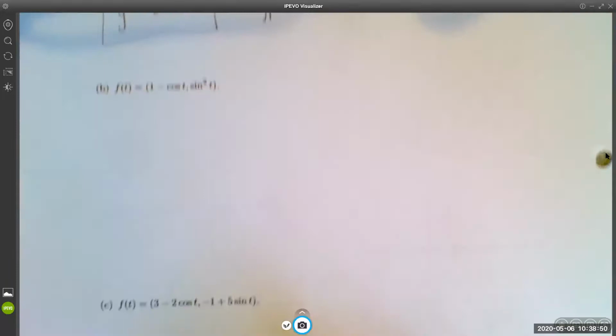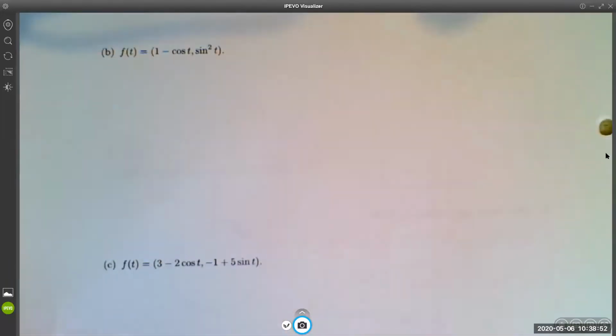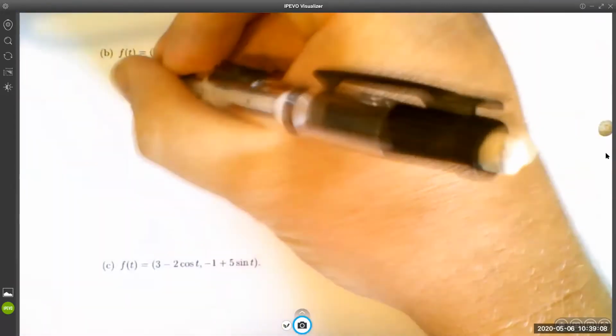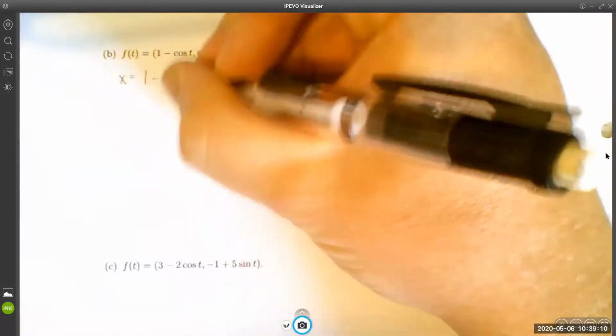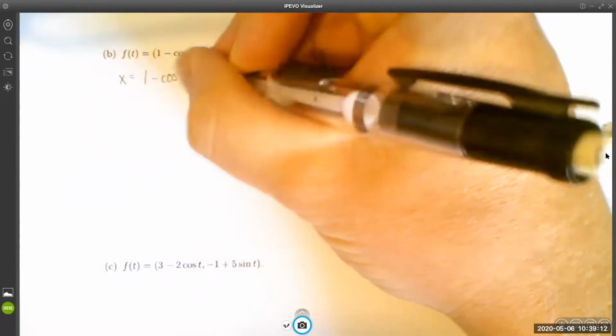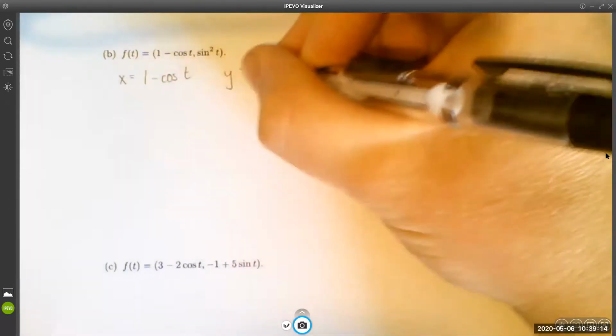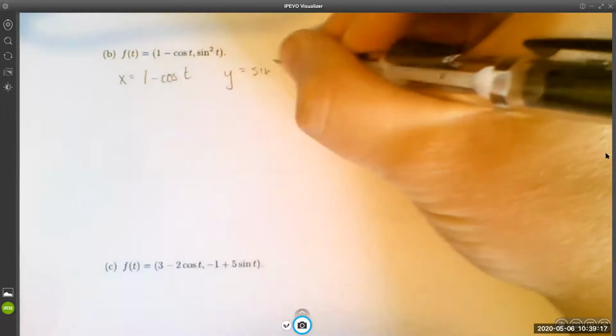Part B, give the video a pause, see if you can work this one out. Okay, so here's my solution. So x is 1 minus cosine t. Y is sine squared t.